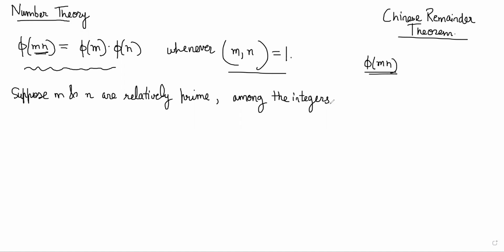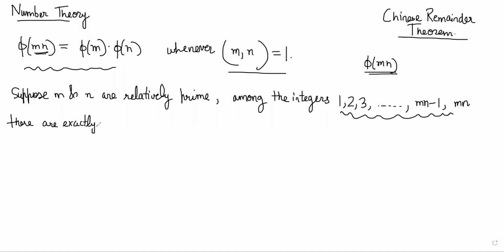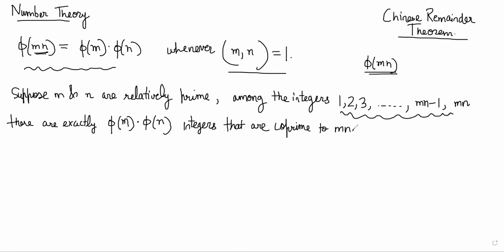Among the integers from 1, 2, 3 till mn minus 1, mn, we have to show that there are exactly phi m multiplied by phi n integers that are relatively prime to mn, correct?